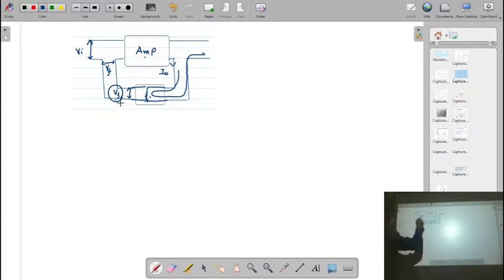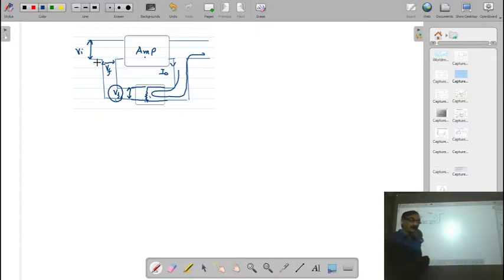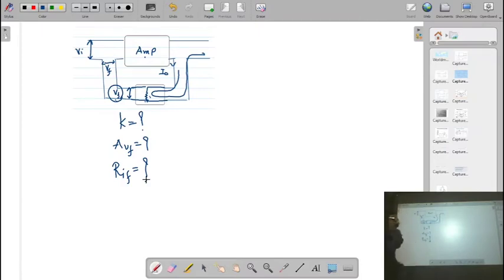This feedback voltage is in series with the input voltage, therefore it is called a current series feedback. For this kind of circuit, we will discuss the feedback factor K, the gain of the amplifier after the feedback, and the input resistance of the amplifier after the feedback. So we will find out the properties of this kind of amplifier circuit.